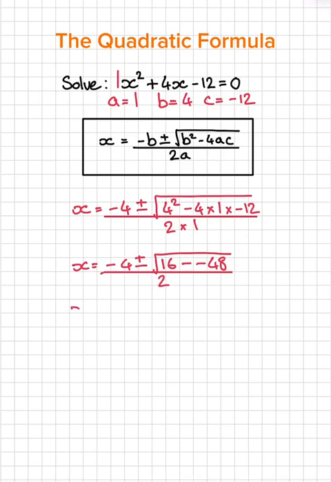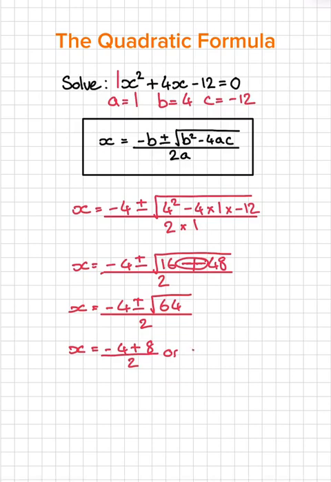If we have a look at the square root sign, we've got 16 minus negative 48, 2 negatives will turn into a plus. So 16 plus 48 would be 64, square root of 64 all over 2. The square root of 64 is obviously 8, so x is equal to negative 4, and we'll split this plus minus now into plus 8 over 2, or x is going to be equal to negative 4 minus 8 all over 2.